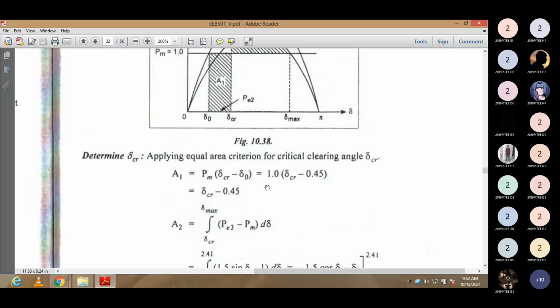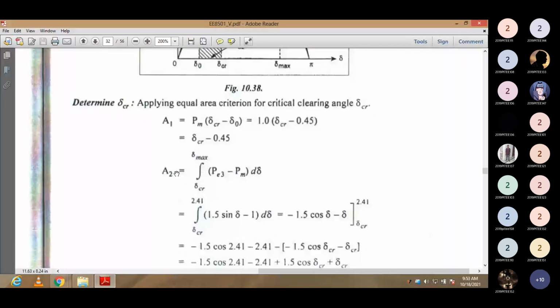So the integral of PM d del, with limits del naught to del CR. They have simplified it. So PM is 1, del CR value is unknown, and del naught is 0.45. So multiplying, del CR minus 0.45, that is my A1 value. So what is A2?